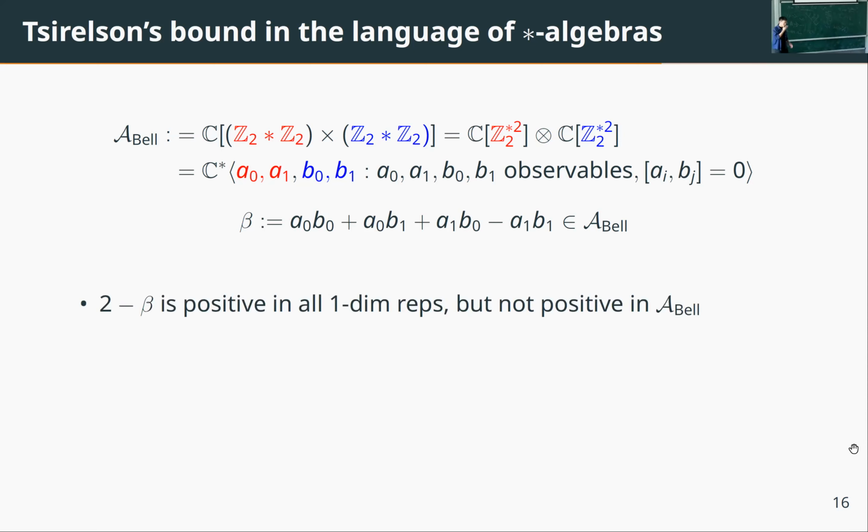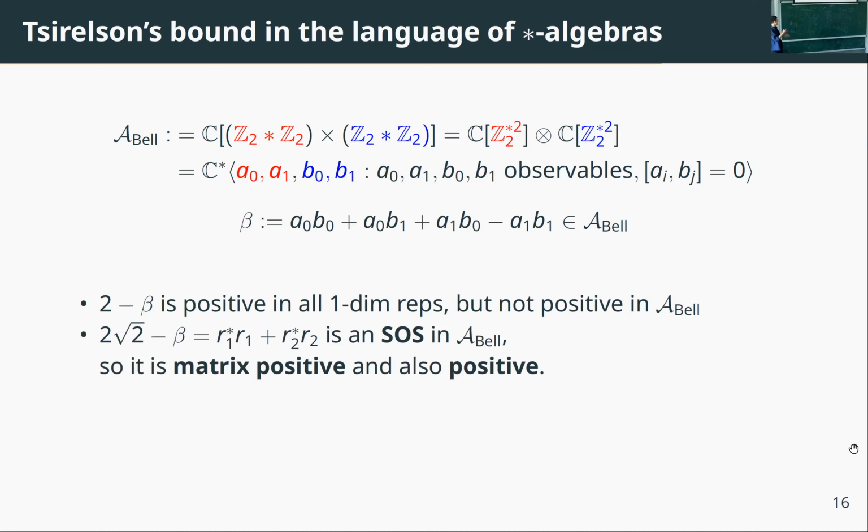So let's translate the Bell inequality. The Bell inequality just says that 2 minus beta is positive in all one-dimensional representations. So beta is less than 2 if your variables are all classical variables. But it is not positive if you allow higher dimensional representations. This is a violation of the Bell inequality. And Tsirelson's bound is just that 2√2 minus beta can be written as a sum of squares.